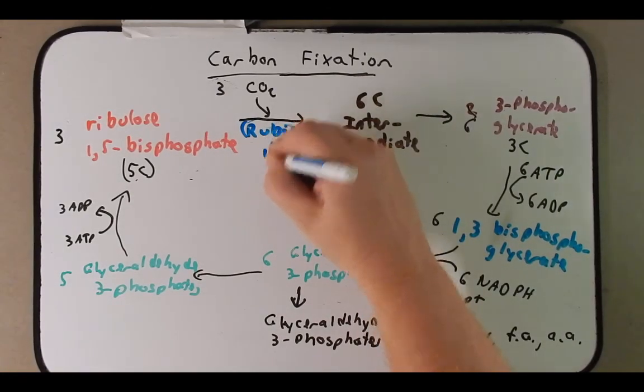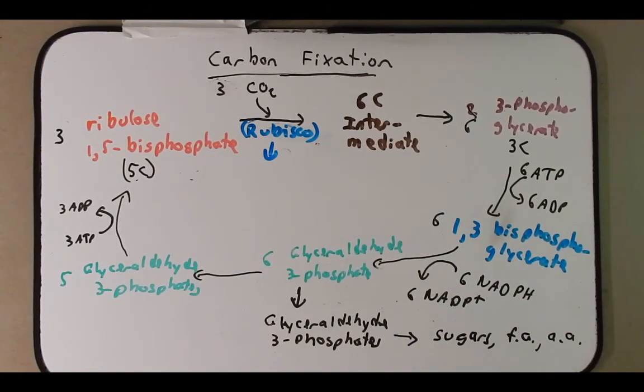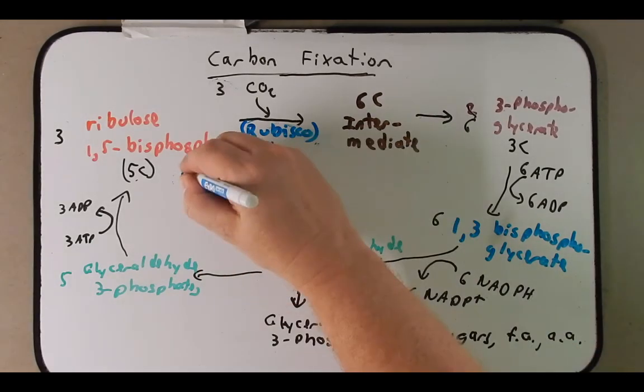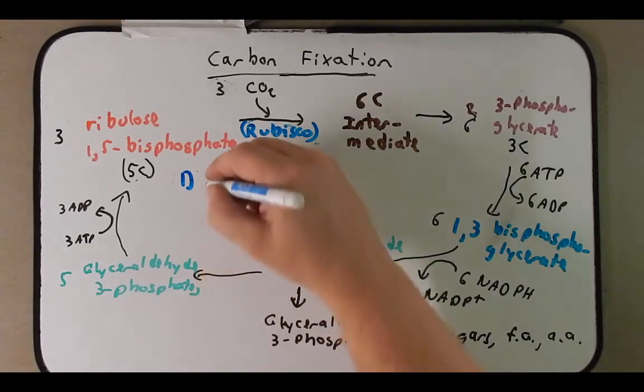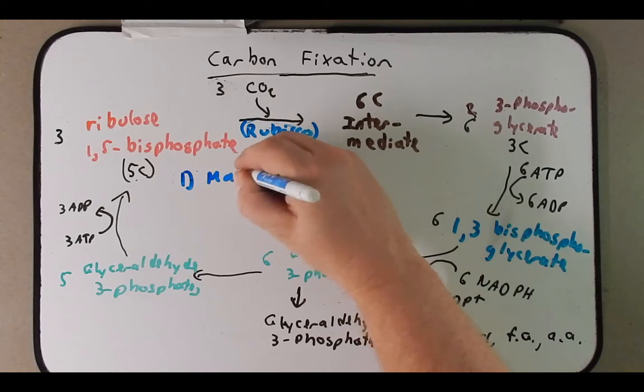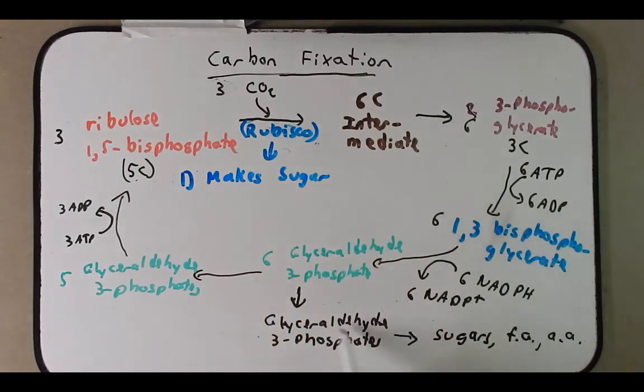Okay, let's spend a little time talking about Rubisco. It's one of my top 3 favorite enzymes of all time, so that's saying something, I guess. It has some very interesting features. The first is, without Rubisco, we get no sugar, so it makes sugar. So without this, we never generate this glyceraldehyde 3-phosphate, so we never generate these complex sugars.